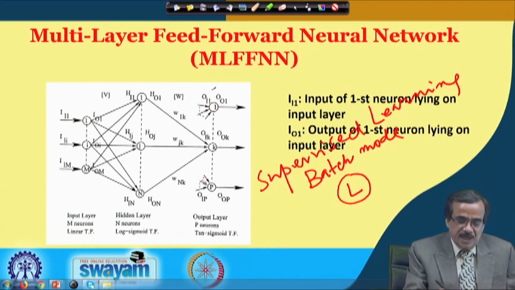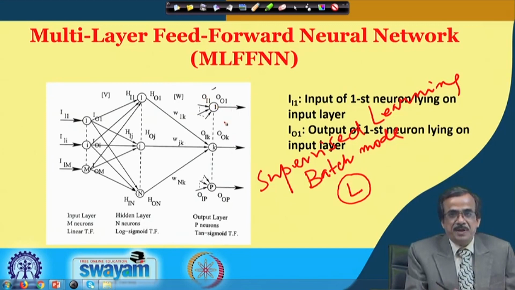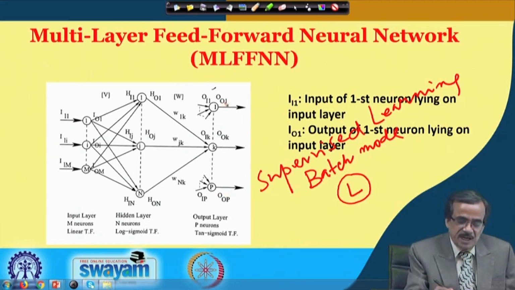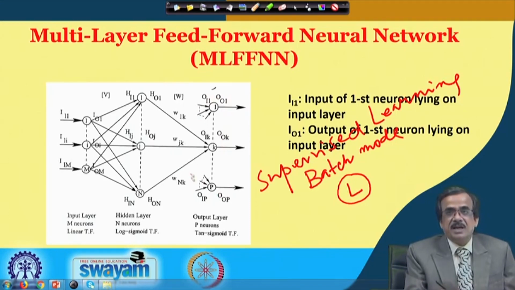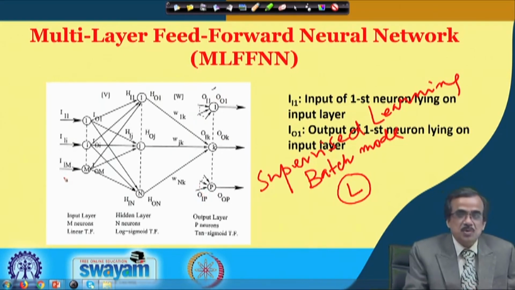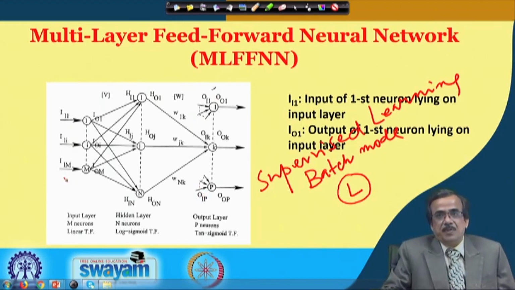Now, this set of calculated outputs will be compared with the respective target values just to find out the error, and once you have got the error at each of these particular output neurons, I can find out what should be the combined error, and that corresponds to a particular training scenario.